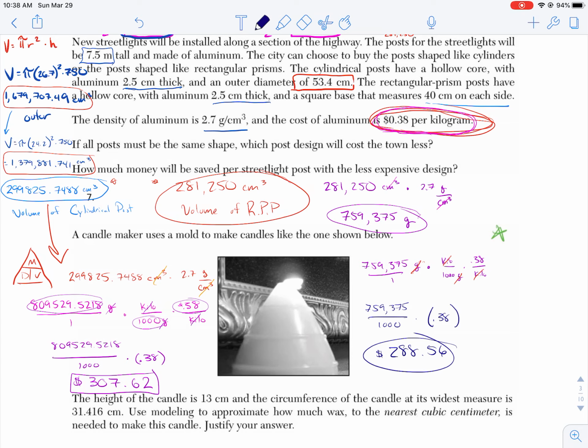Okay, and finally, which post will cost the town less? Obviously the rectangular prism post. As you can see, it definitely costs less, and then it wants to know how much less.